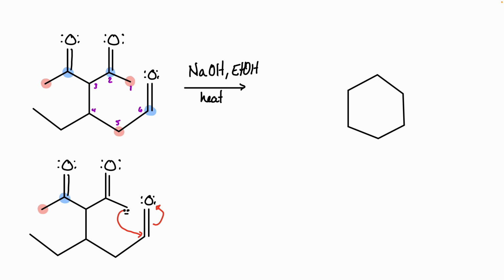And then I'm just going to number everything and fill in accordingly. So for example, on carbon 4, I know I need this ethyl group here. Carbon 2, there's that carbonyl carbon. And on carbon 3, I have that whole ketone group.